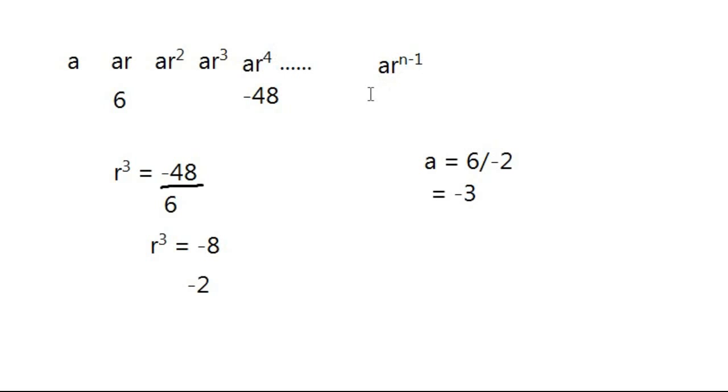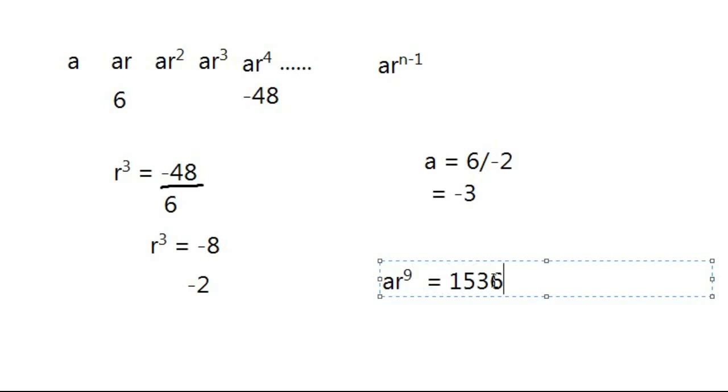And now we want to find number 10, so we know that n is 10, and therefore the number we are looking for is a times r to the power 9. In this case, all we need to do is to type into our calculator negative 3 times negative 2 to the power of 9, which gives you 1536, and that is our 10th term.